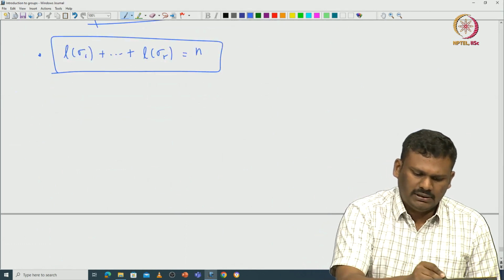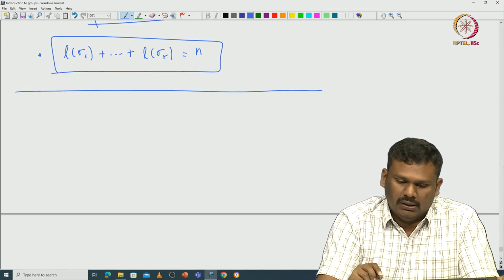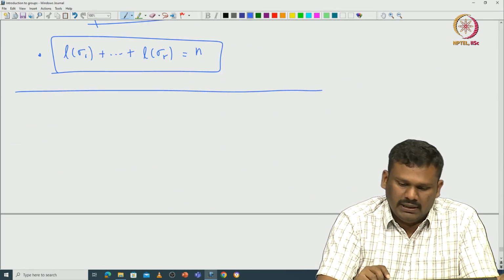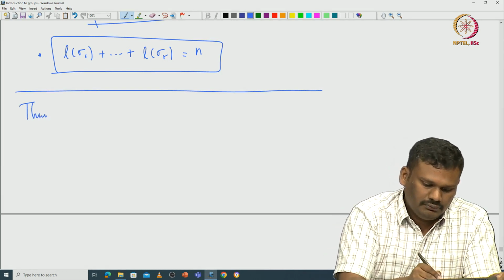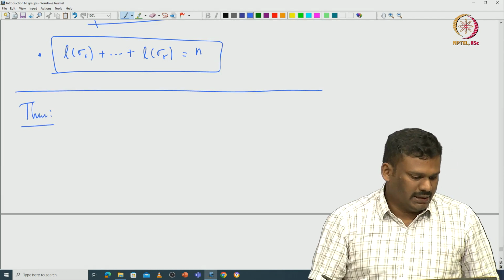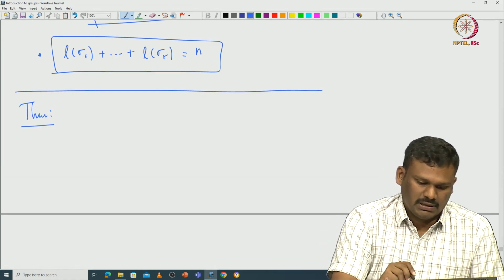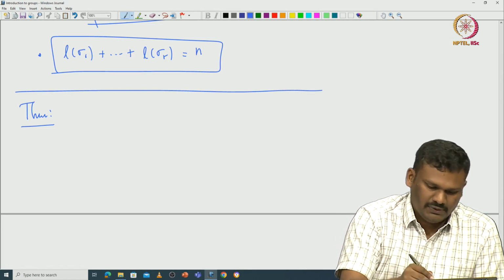Now, conversely, we can prove that if you have two permutations sigma and tau having the same cycle type, then they must be conjugate. So here is the theorem. It gives you a characterization of conjugacy in terms of cycle types.